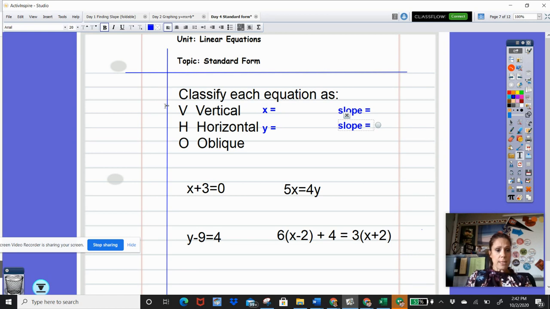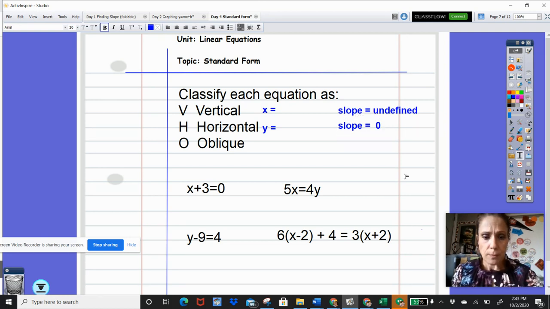A vertical line, this line right here, has a slope that is undefined. If you think of it as a steep hill to climb or walk on, the slope is undefined, and a horizontal line that's nice and easy always has a slope of 0.